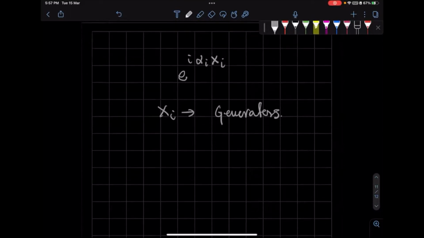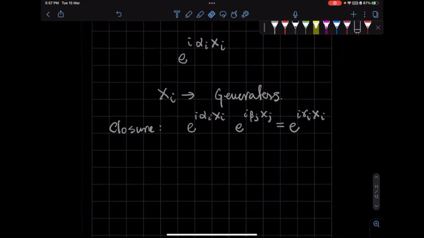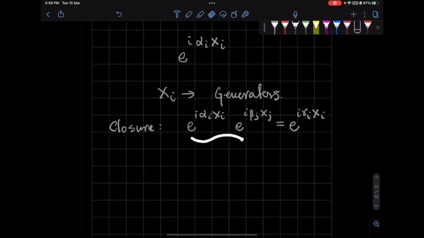And by the closure property, we know that if I multiply two such elements, I should get another element like this. And then what we did is a second order expansion of this.